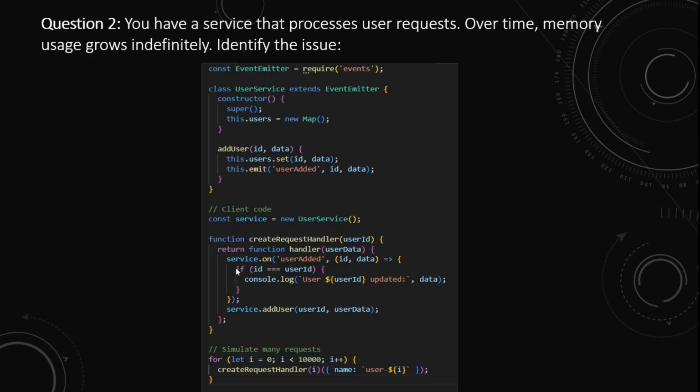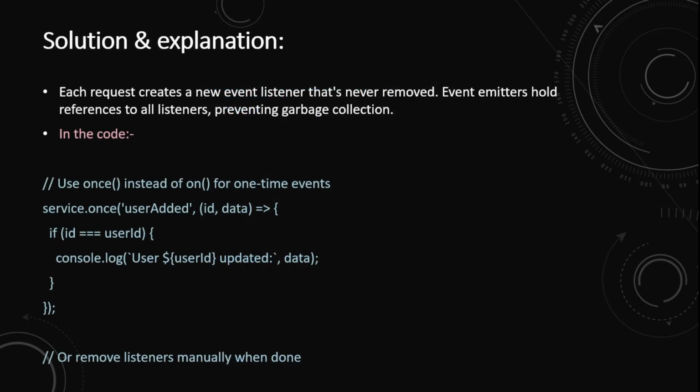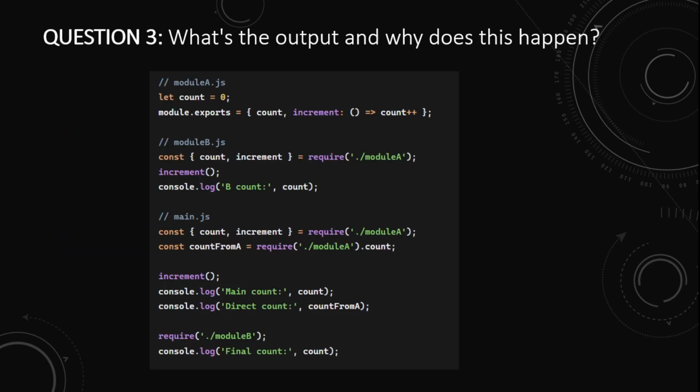For example, in this if block, after the console.log, you can write the service.off function to manually switch off the event listening. Hence, these are the two ways to cope with this problem and to not fall prey to the complete consumption of memory.